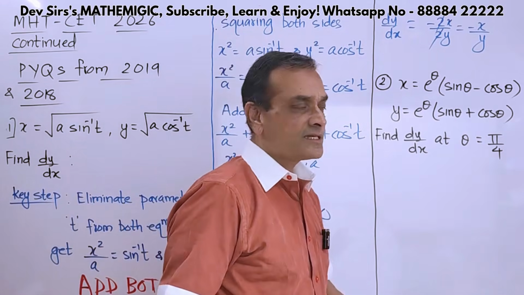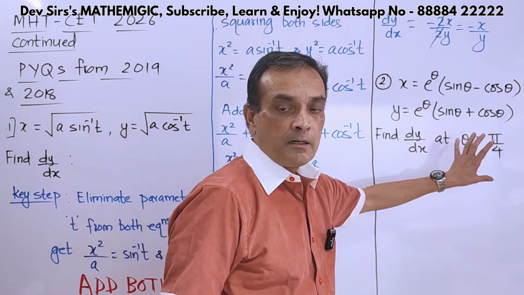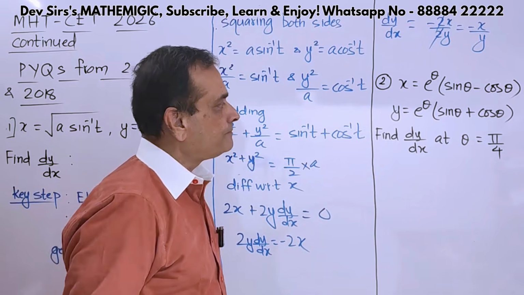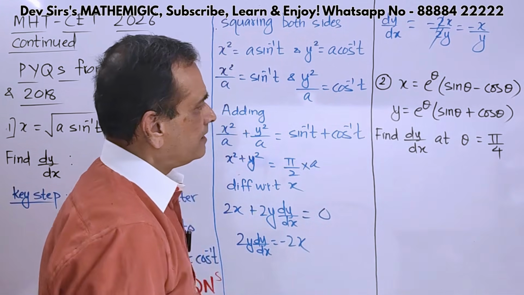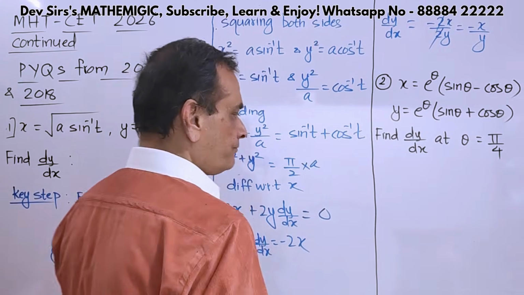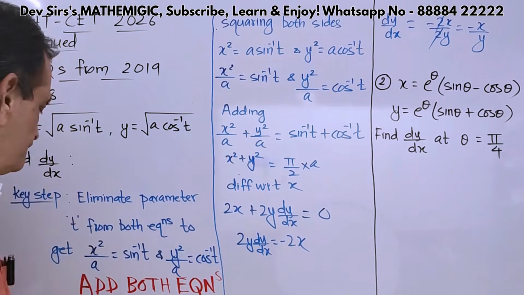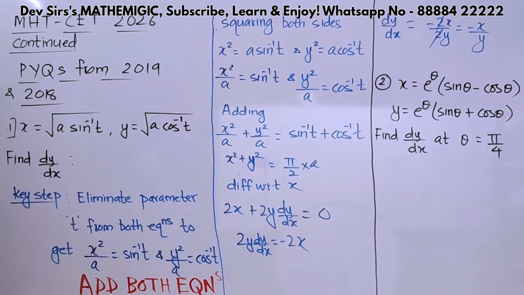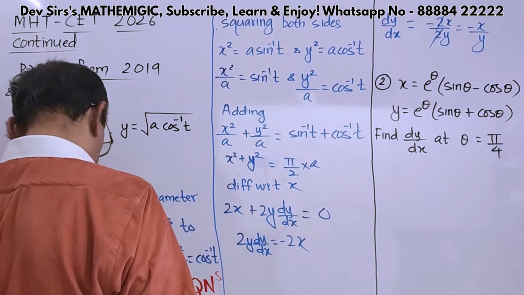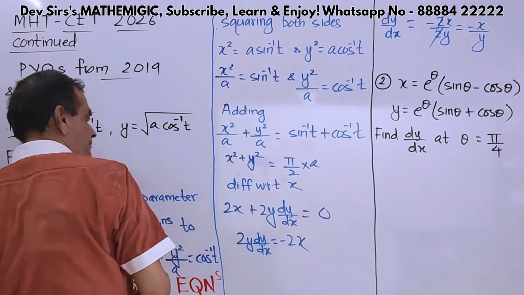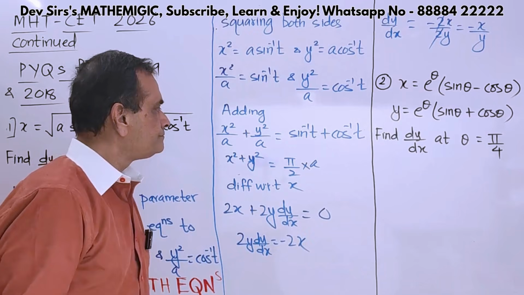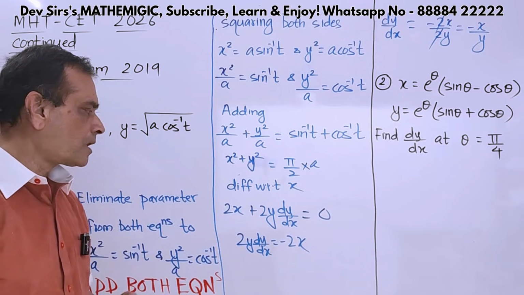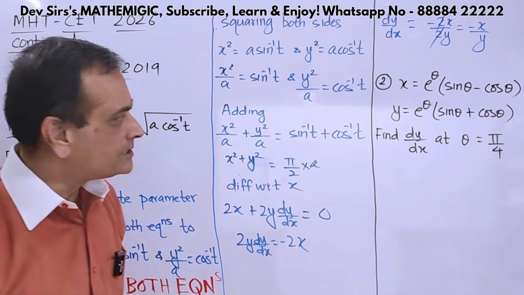So let us go to the next sum, which is again parametric, but here the technique is a little different. Please write down this sum, write down both equations. Take a deep breath. Okay, all set.